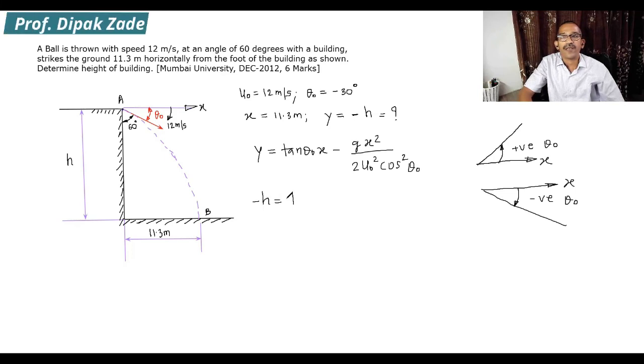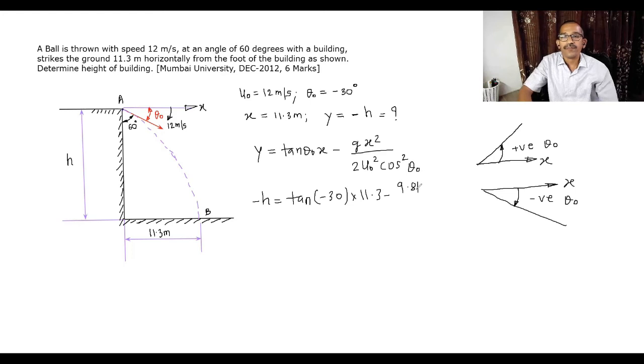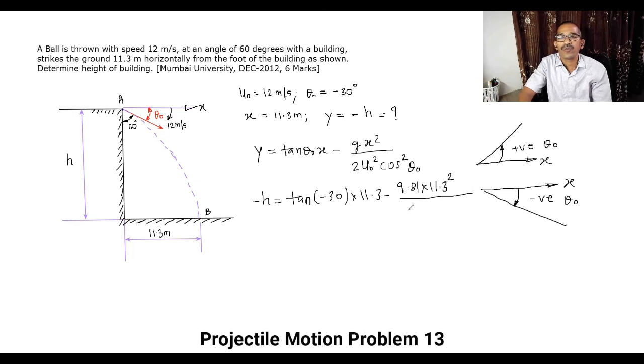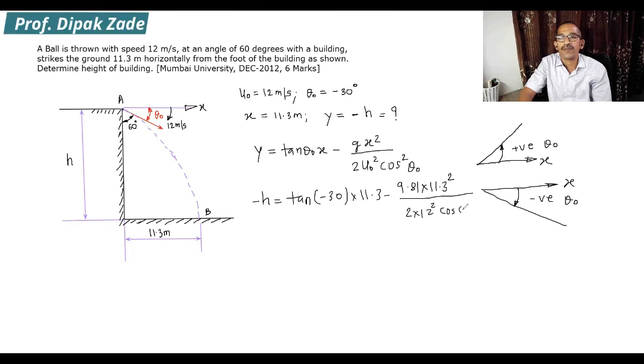Tan of theta 0 is tan of minus 30. x is 11.3 meter minus, g is 9.81, times x square, x is known, 11.3, divided by 2 u0 square, meaning 2 into 12 square, and cos of minus 30, and we'll take its square. Okay, this angle is minus 30 and its square.